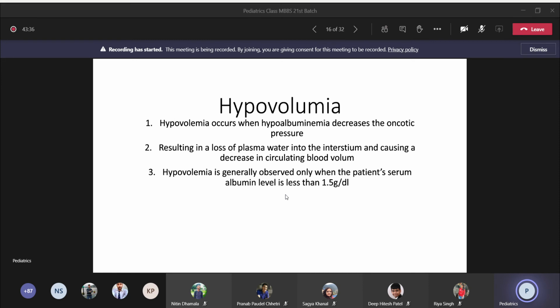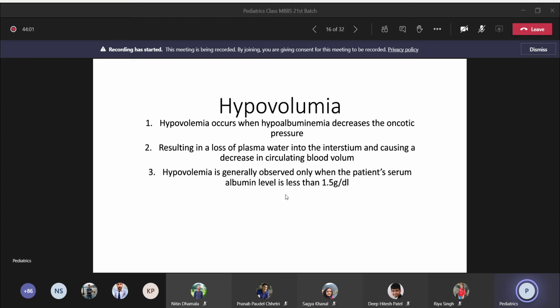Now come to the hypovolemia. So why is there hypovolemia in case of nephrotic syndrome? The hypovolemia occurs when hypoalbuminemia decreases the oncotic pressure. The second one is resulting in the loss of plasma water into the interstitium, which I have already told previously also.